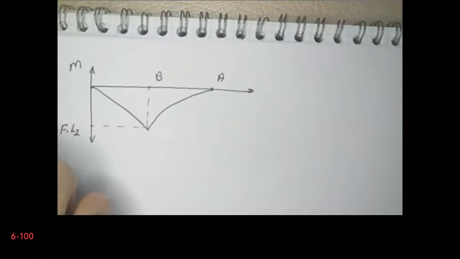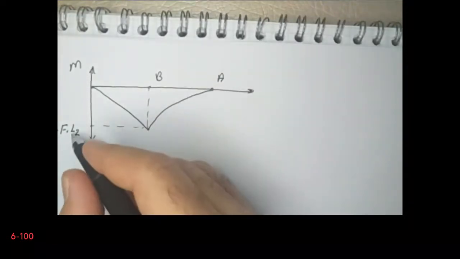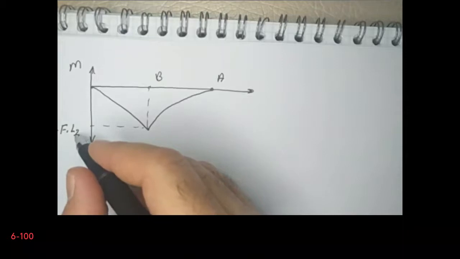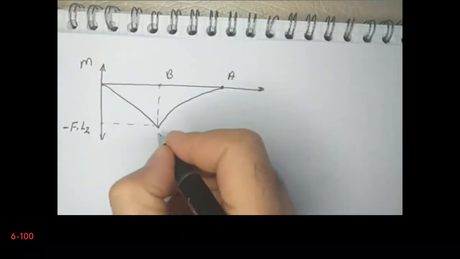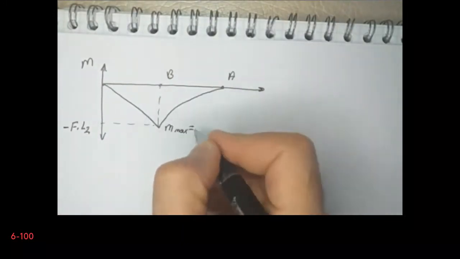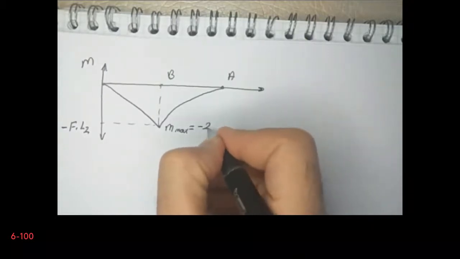So certainly this is the maximum. This is the location where we see the maximum bending moment. This is minus F multiplied by L2. So F is equal to, it was 12 as far as I remember. Yes, it is 12 kilonewtons, and L2 is 2. So the value here is minus 24 kilonewton meters.